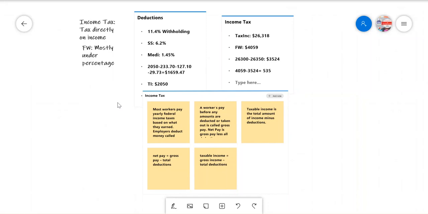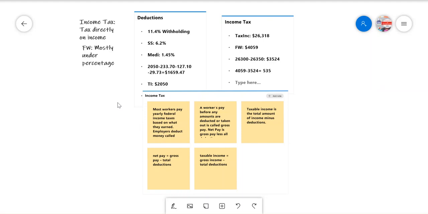Federal withholding is a deduction, and it basically is taking out money from your income every month to pay for income tax. This is usually like I put in money, how much more do I need to pay, or how much will you give me back type of deal.